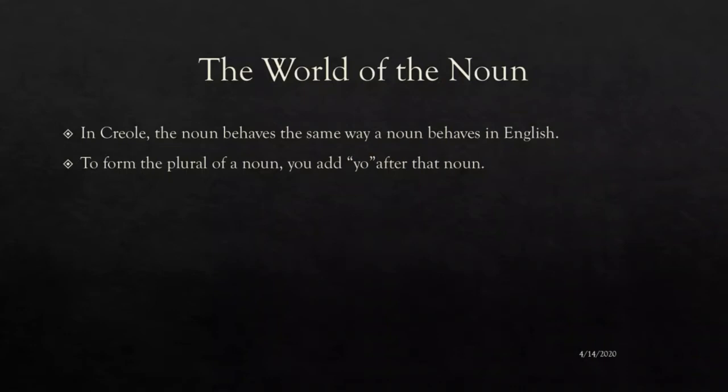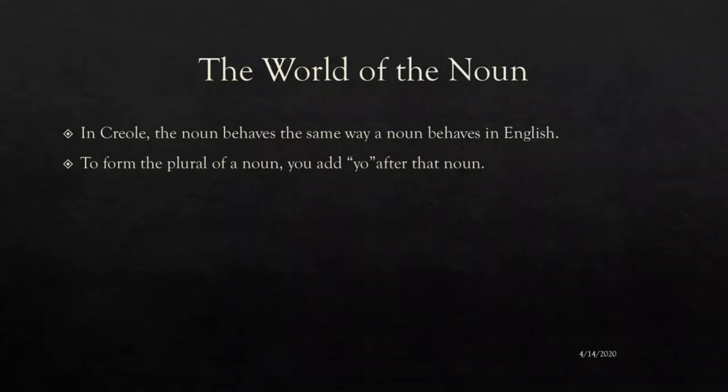So in Creole, a noun behaves the same way a noun behaves in English. Anything you see in English, in Creole we just have the same thing.